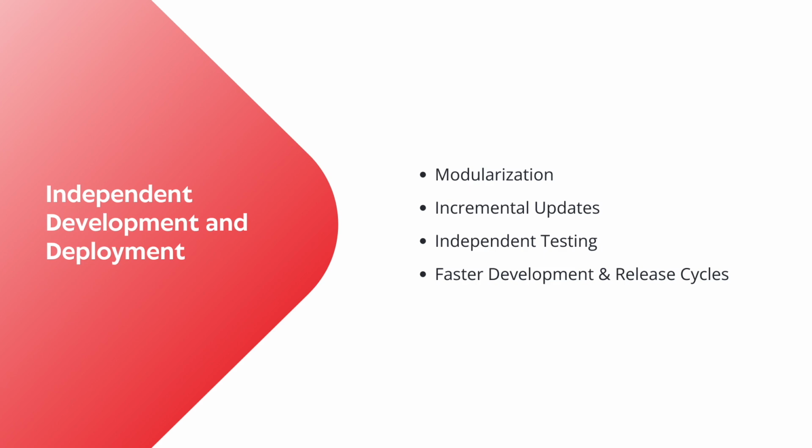We don't need to touch Amazon Fresh or other parts of the application; we can just update Amazon Mini TV and deploy it. Independent testing is also there, so each application is capable of independent testing, and we don't need to interfere with other applications. Faster development and release cycles: each app can be developed and released on its own.